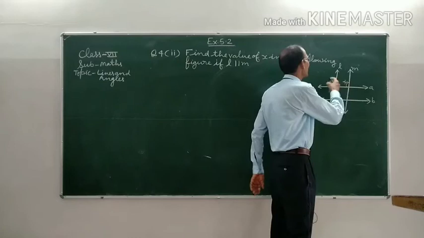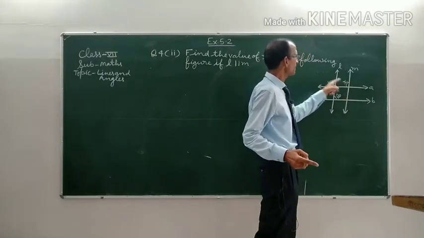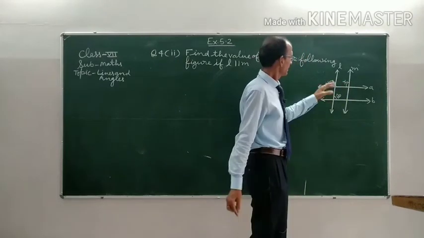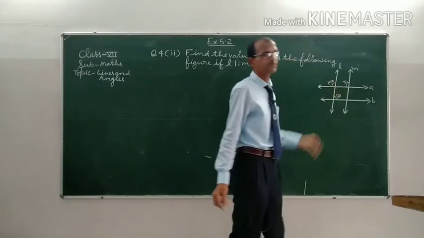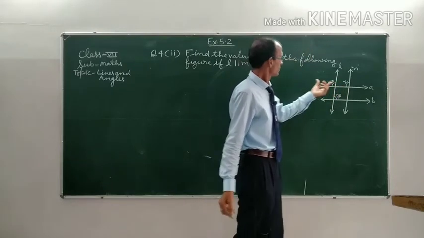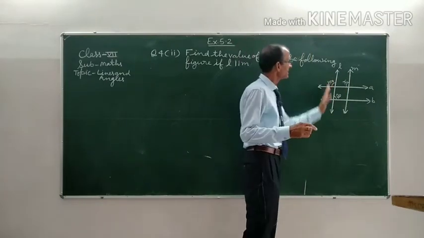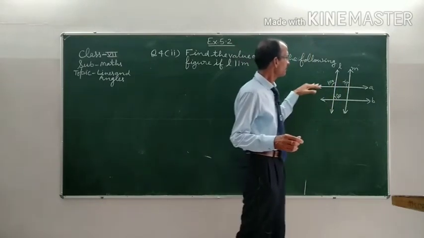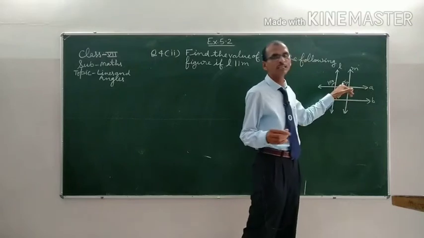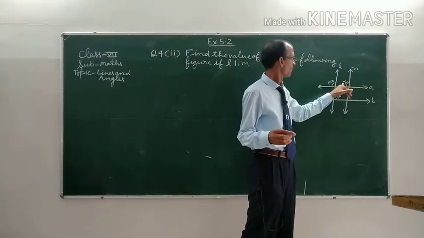So, x and 100 are which types of angle? These are corresponding angles. When two parallel lines L and M are cut by transversal A, then corresponding angles will be equal to each other. Okay?